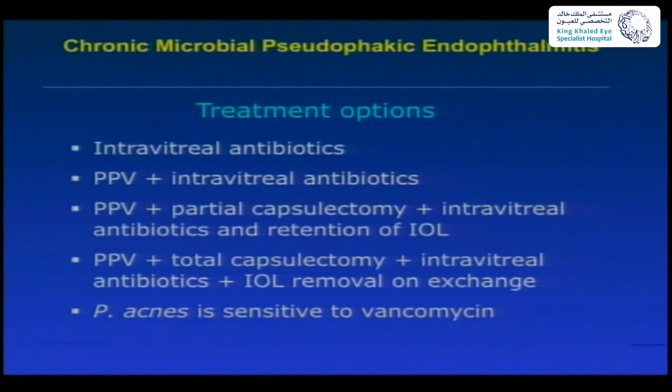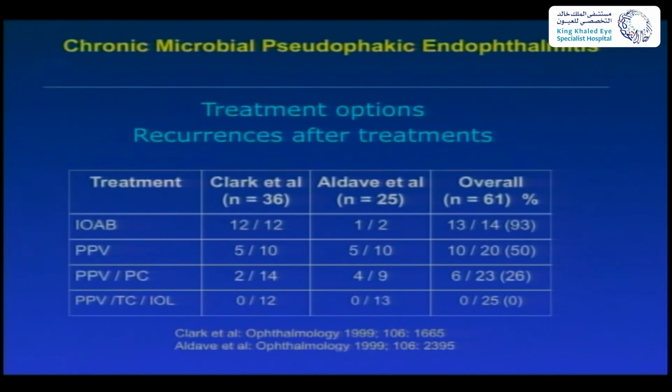Or you can do vitrectomy, total capsulectomy, intravitreal antibiotics, and remove the intraocular lens. There is a grading of your choices, but I'm going to show you the outcome. These are the 2 largest studies that looked at this issue, and I combined them together.